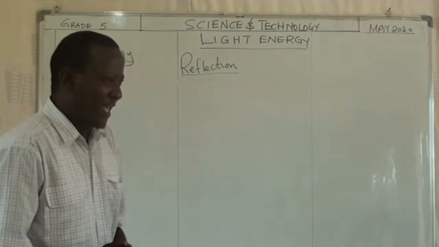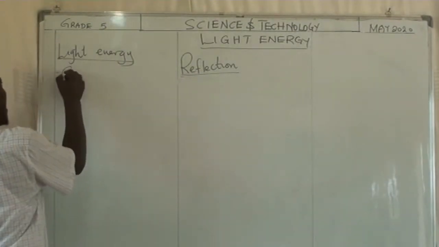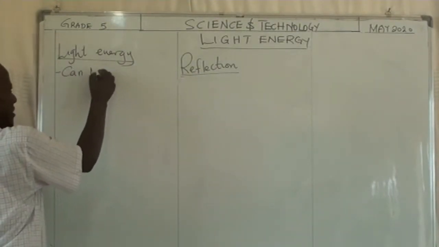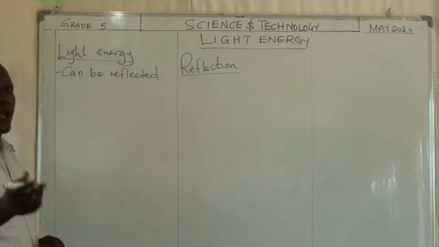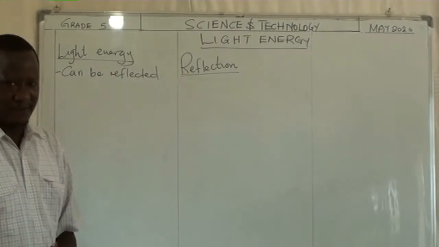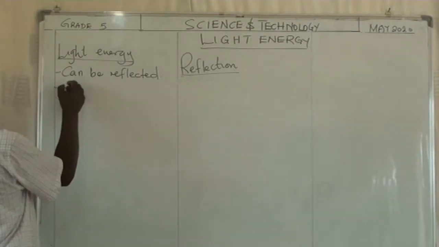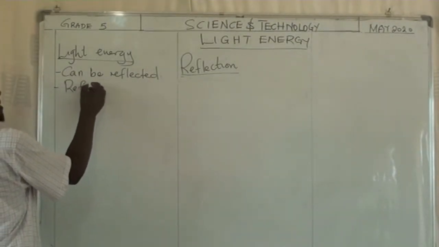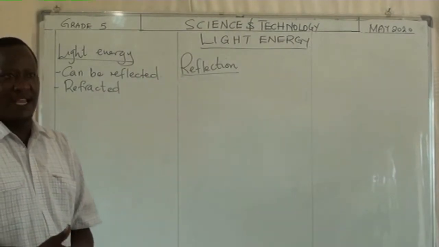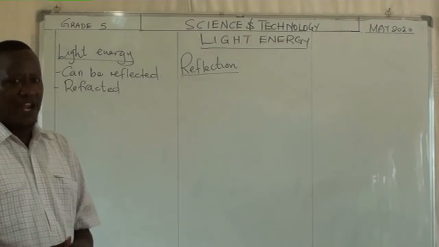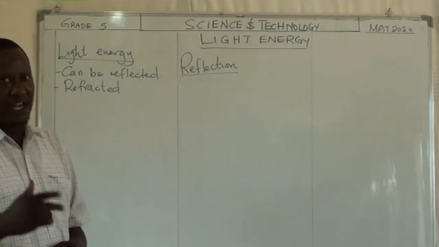One, we said light energy can be reflected, meaning that the light energy bounces off when it strikes a surface. The second, we say that the light energy can be refracted, meaning that it bends when it passes through a different medium.